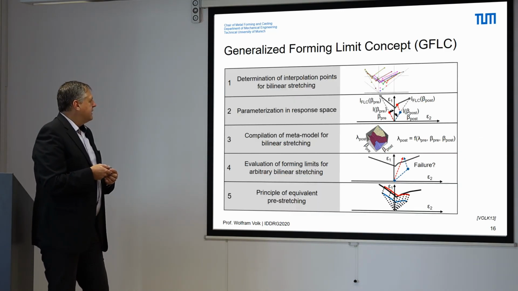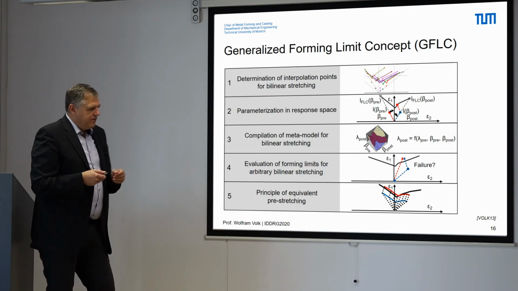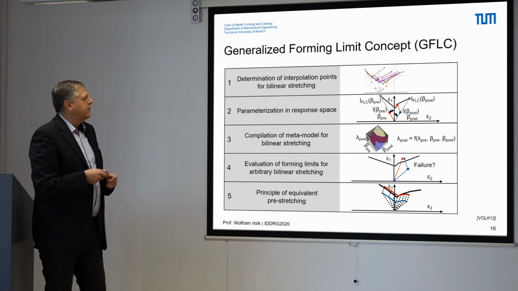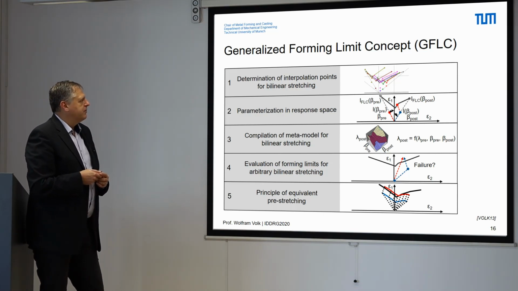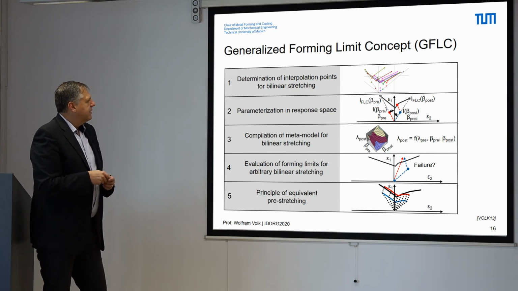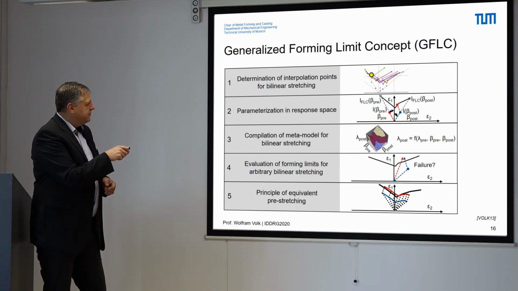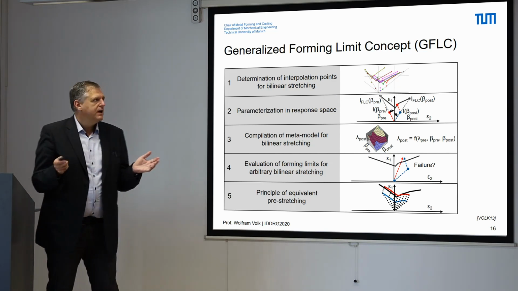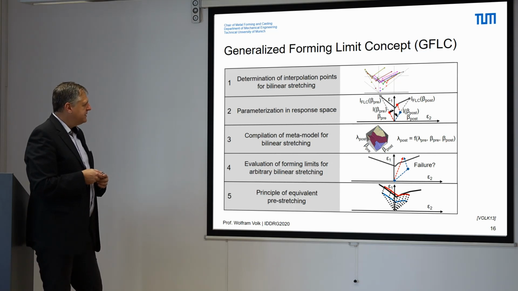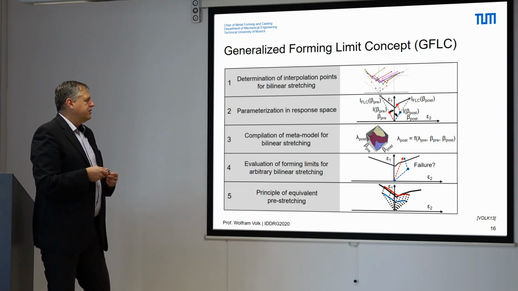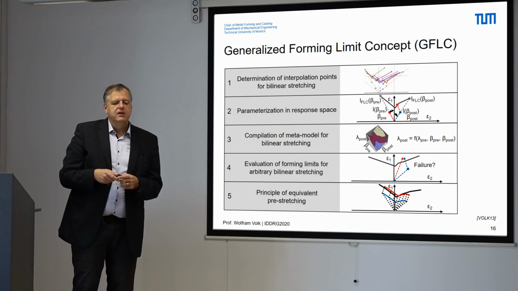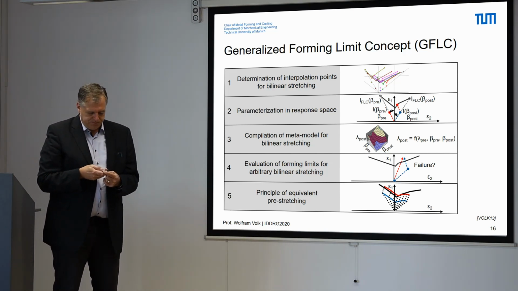Just to summarize how it works: here, without the changing loading direction taken into account, is our published model, the generalized forming limit concept, purely phenomenological. The typical 5 steps: starting with the experiments, then, as always necessary for a phenomenological model, the parameterization in response space, then the compilation of a meta model and the generalization for several changes in direction.